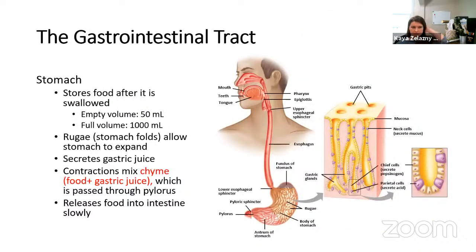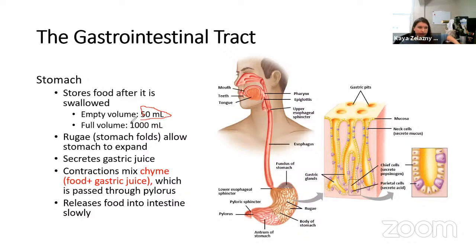Okay. So that leads us to the stomach itself. The stomach is located right below the lower esophageal sphincter, and its role is mainly to store food. It can be very small if it's empty, approximately 50 milliliters, but it can expand a lot.